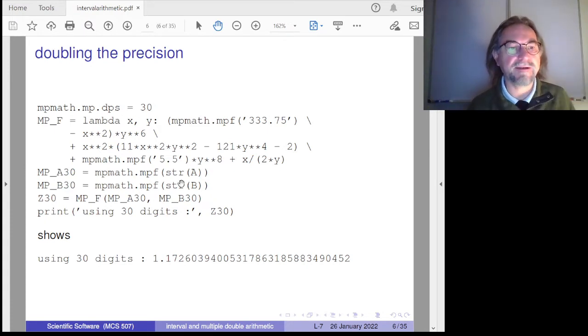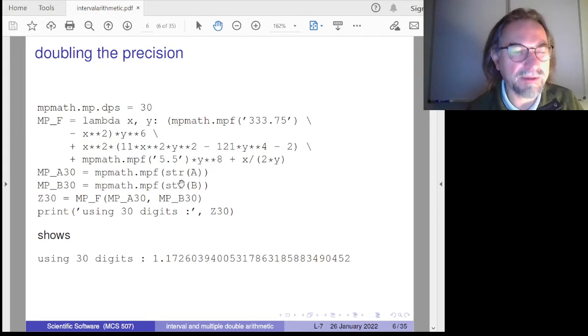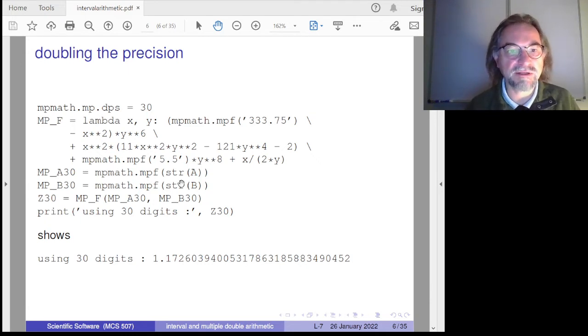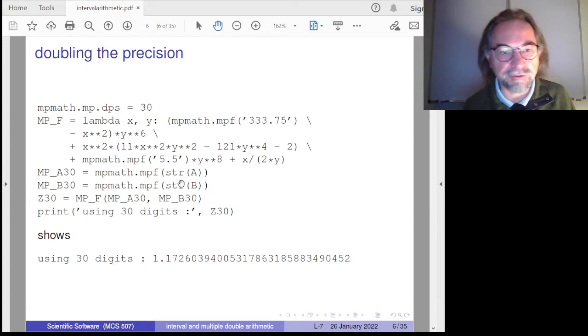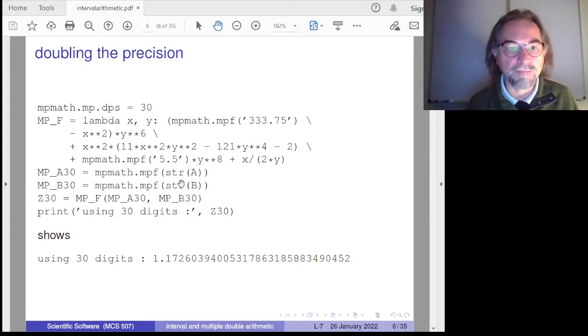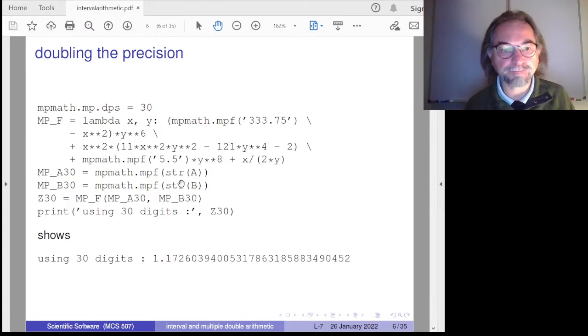1.17. So the mpmath multi-precision allows me to set the number of decimal places to 30. So this is actually quite nice. So also my function now works within the setting of 30 decimal places. Now you see that all the numerical constants are actually converted into multi-precision floats of 30 decimal places.